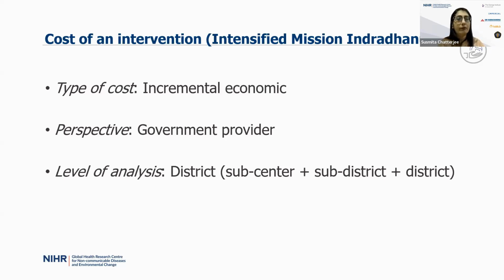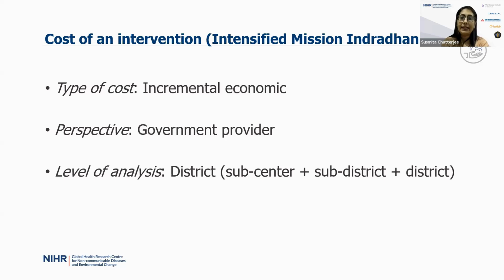We thought about government because we wanted to tell the government that if you do this Intensified Mission Indradhanush, you will spend this much, and the per child cost will be this much. That is what we wanted to tell the government. So that's why the government perspective.